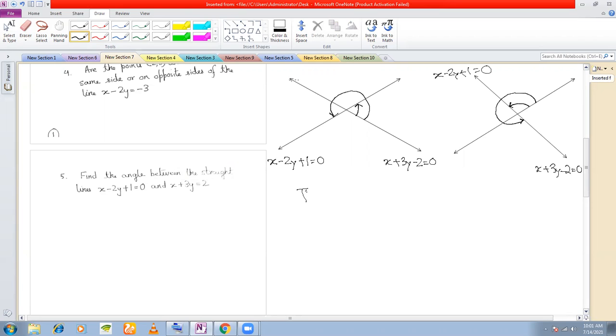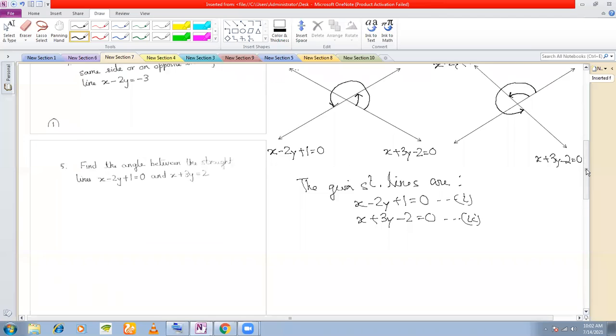Okay, so the given lines are: the equations here are x minus 2y plus 1 is equal to 0, call this 1, and x plus 3y minus 2 is equal to 0, call this equation number 2.